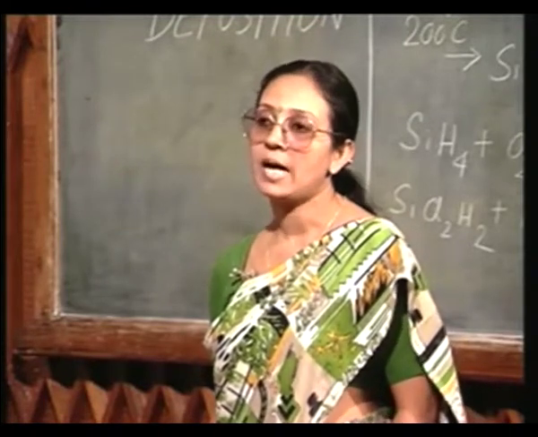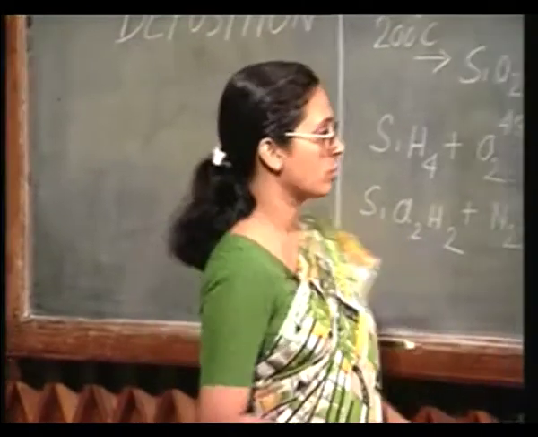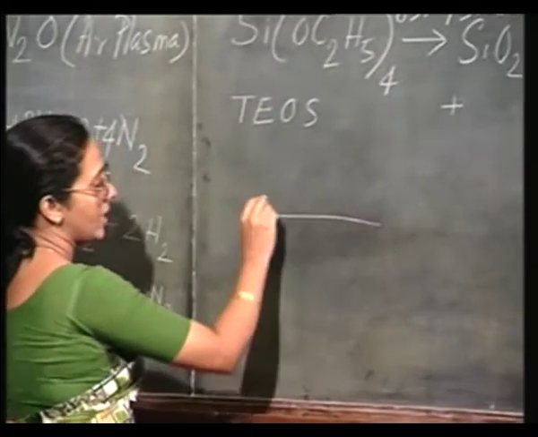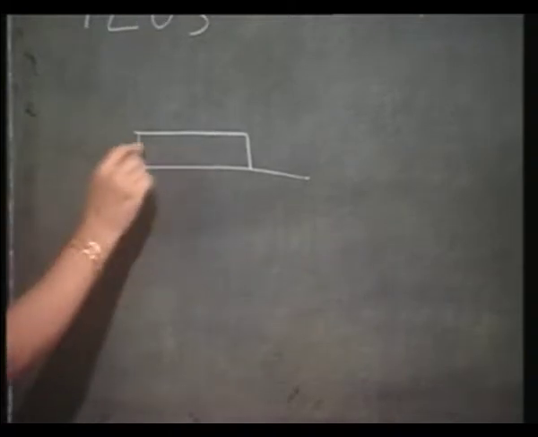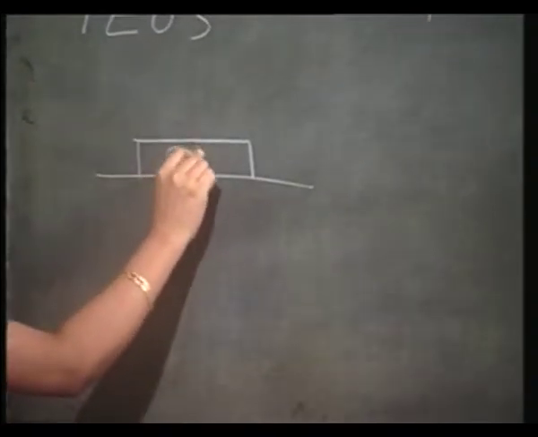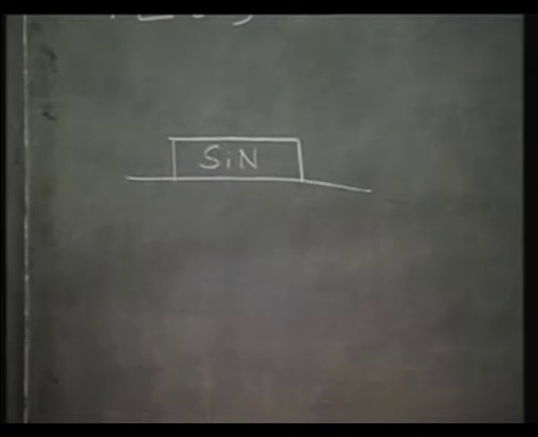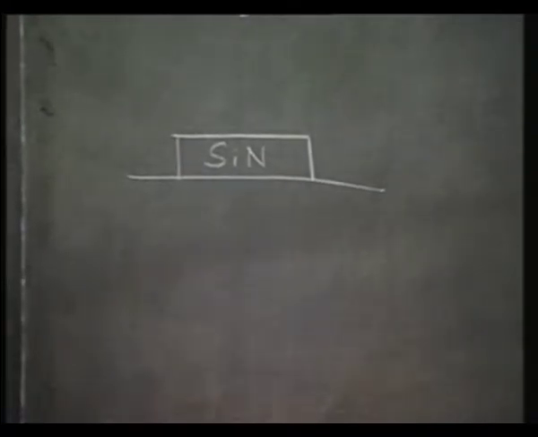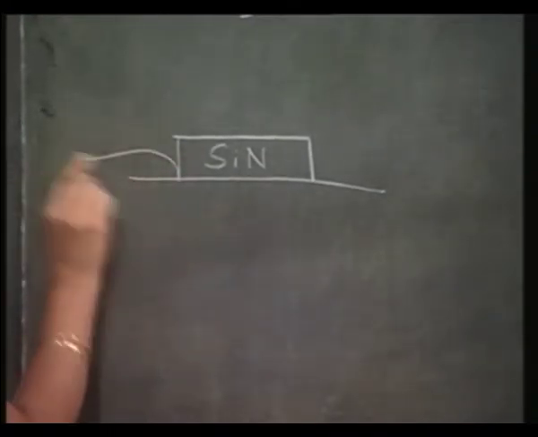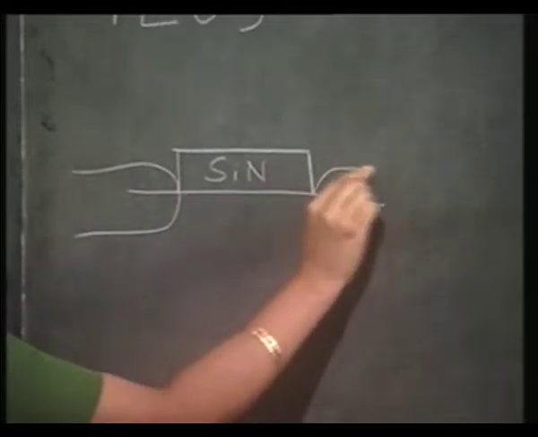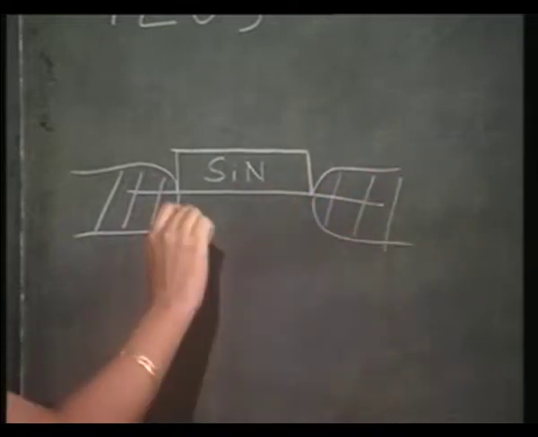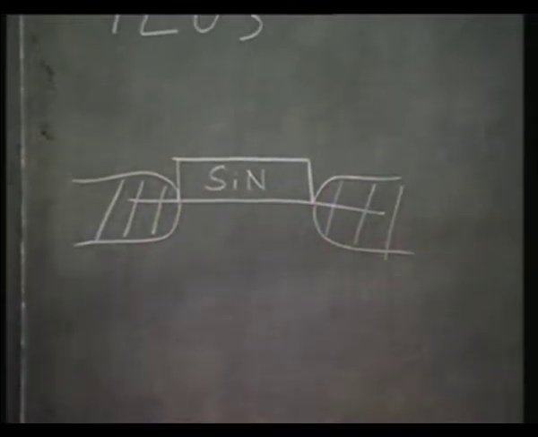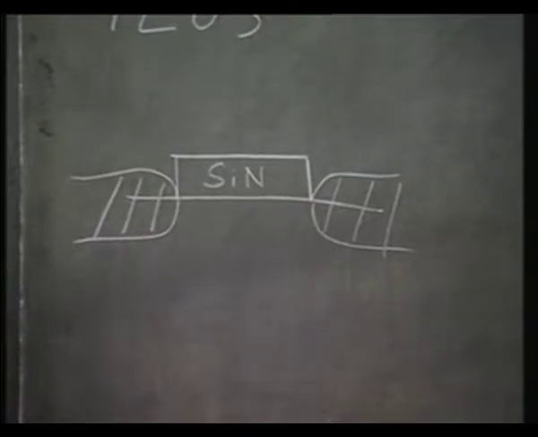That is, if I have a silicon substrate like this, and if I cover this region with silicon nitride, and now if I subject it to oxidation, oxidation will only take place here and here, whereas the region protected by silicon nitride will not get oxidized at all.